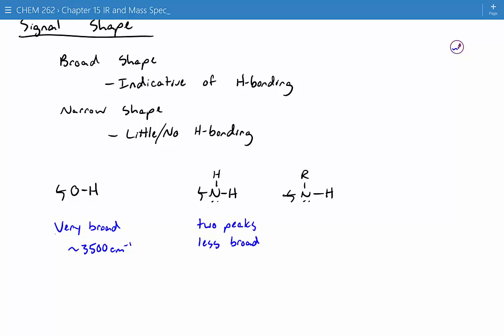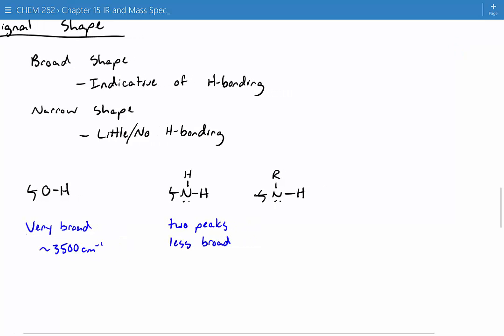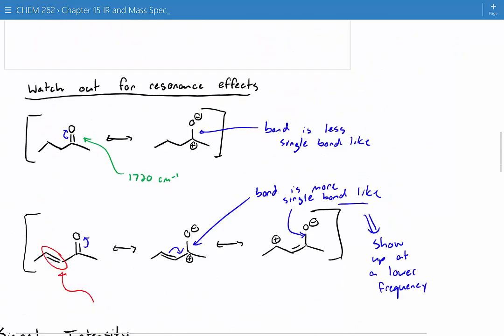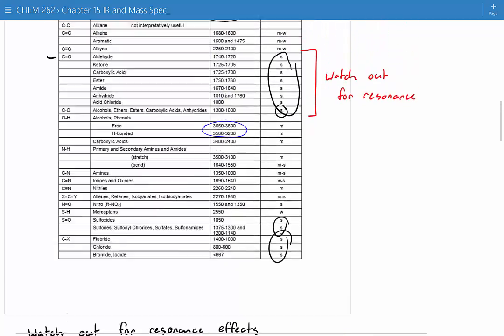And if we think about, well, why are they less broad? Well, we know oxygen's more electronegative than nitrogen, so the hydrogen bonding capability of an amine is a little bit weaker than with an alcohol. And if we look at a secondary amine, we only get one peak, and it is also less broad. If we again go back up to our chart and ask ourselves, well, where should amines show up?